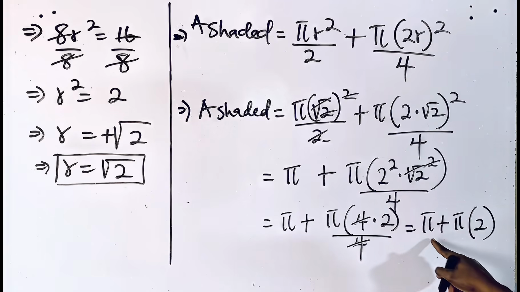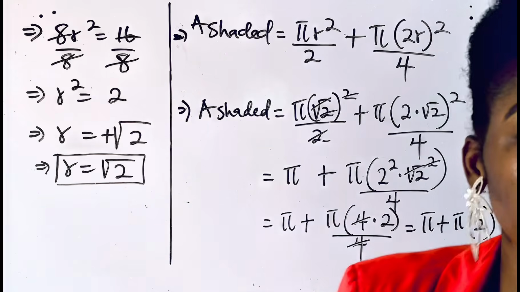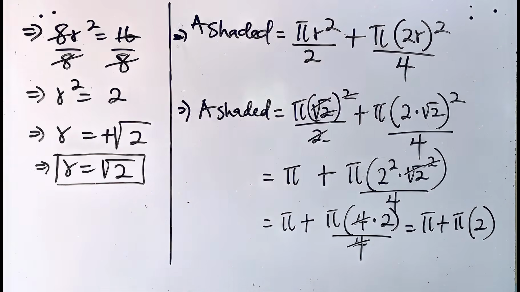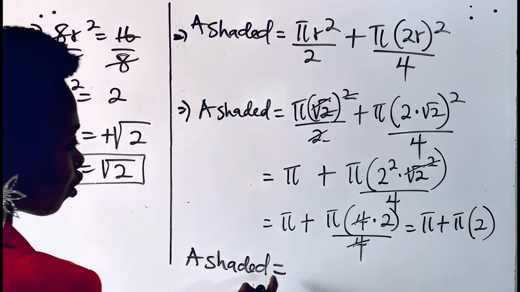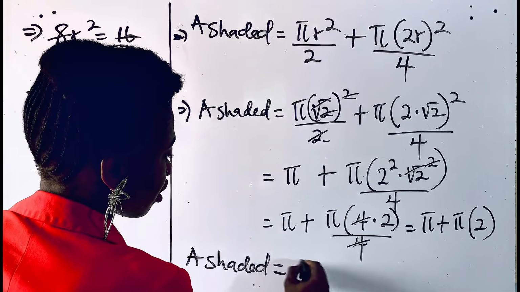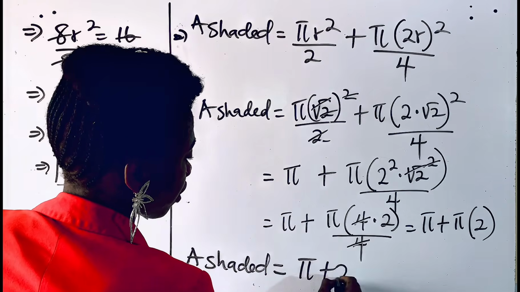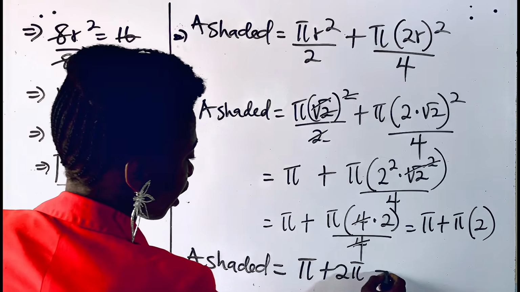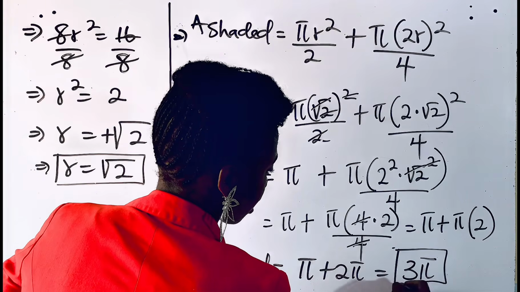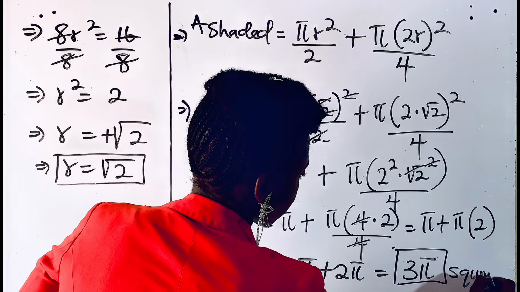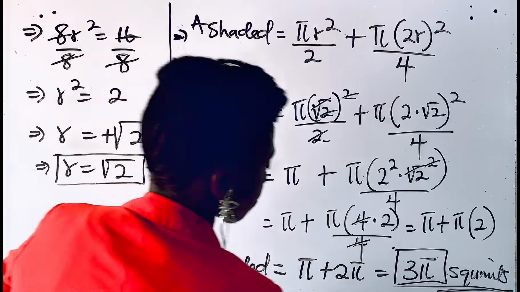Did you see that? Then when you multiply this, it gives you 2 pi. Now, if you simplify, finally, we have it that the area of the shaded will be equal to pi plus 2 pi, and pi plus 2 pi gives us 3 pi. And that is our answer in square units.